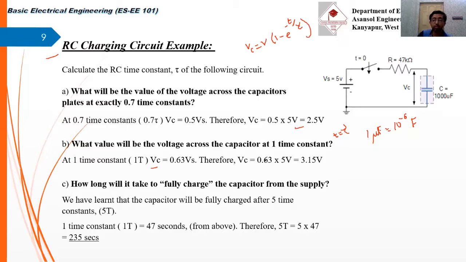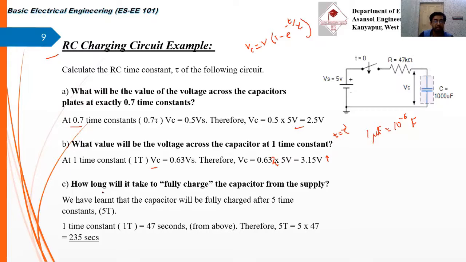So Vc value is 0.632 into 5. So overall voltage is 3.15 volts. So here also you can see one thing, that when the time is 0.7 tau, the voltage is 2.5. Okay. When it is increased to 1 tau, the voltage is increasing. The value is 3.15 volt.